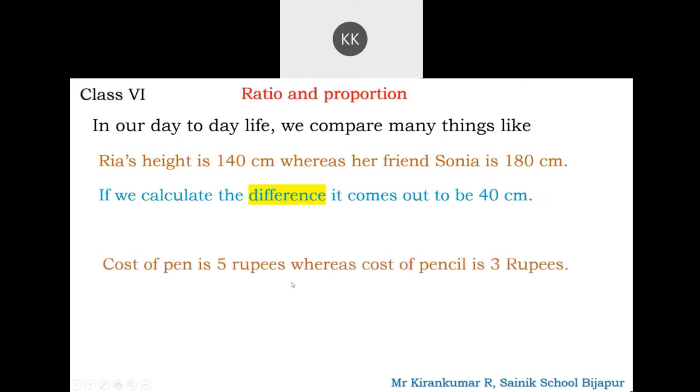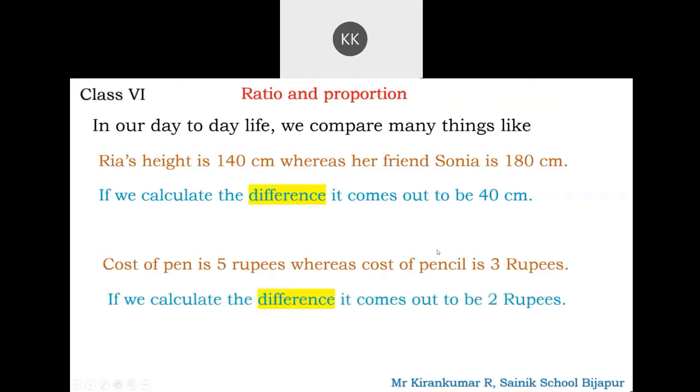One more example. The cost of a pen is rupees 5, whereas the cost of a pencil is rupees 3. We can compare their costs. We can say that the pen is 2 rupees more than the pencil. Here, when we find the difference of the amount, it comes to be 2 rupees.